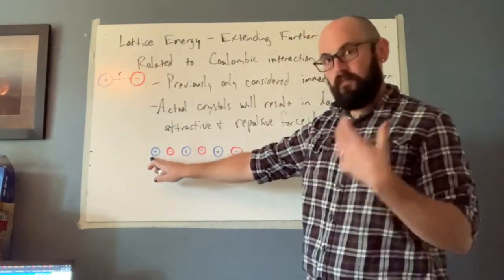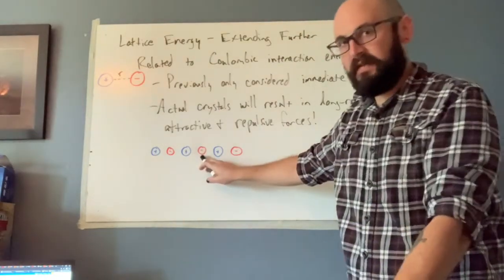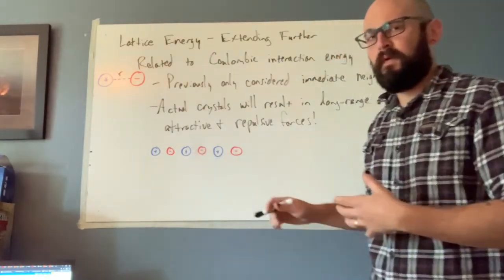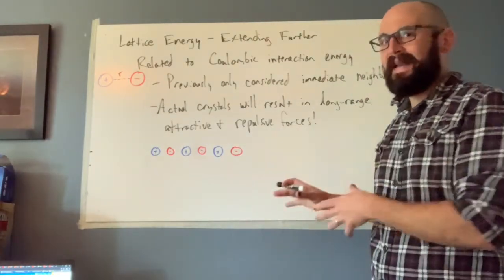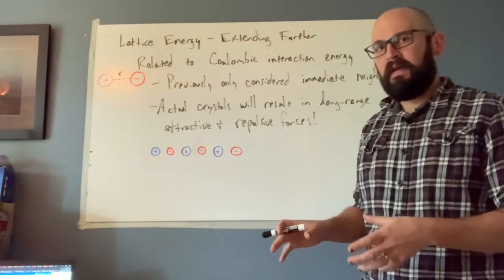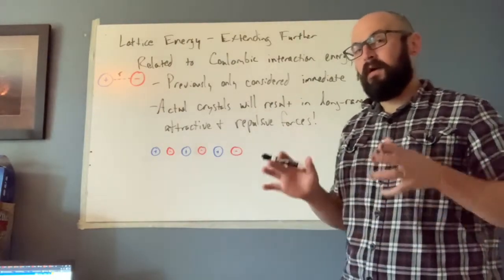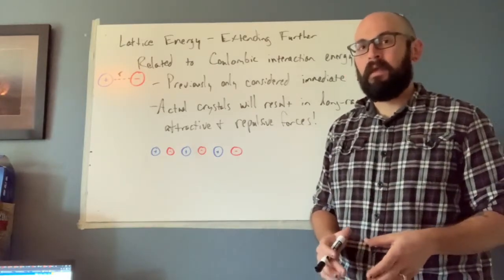And then we have attractive forces between the cation and the next nearest anion, and so on and so forth. So the total lattice enthalpy for an actual crystal is going to be related to the sum of all of those attractive and repulsive forces.